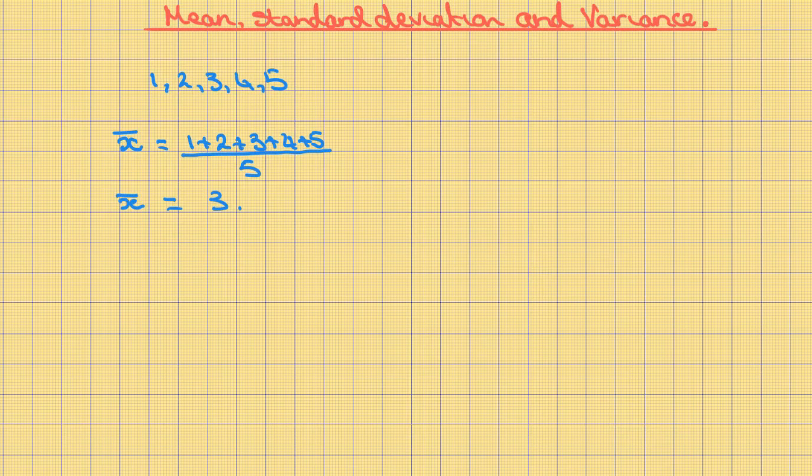The more spread out your data is, the larger the standard deviation and the larger the variance. In the IB, you don't really have to be able to calculate the standard deviation or variance by hand. You get to use your GDC.